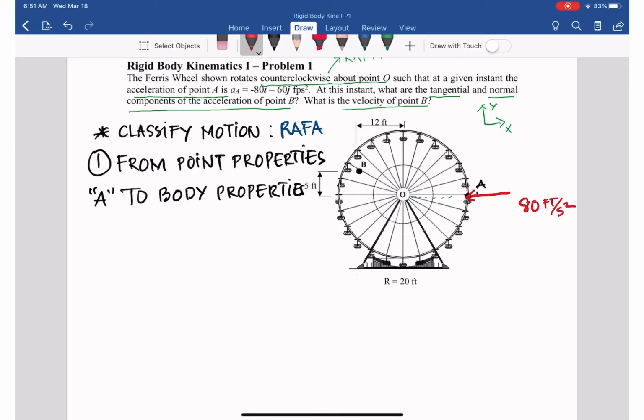And then the second component, which is the y component, is negative 60, so it is going down, 60 feet per second square. And because A is on the rigid body, what does that mean?